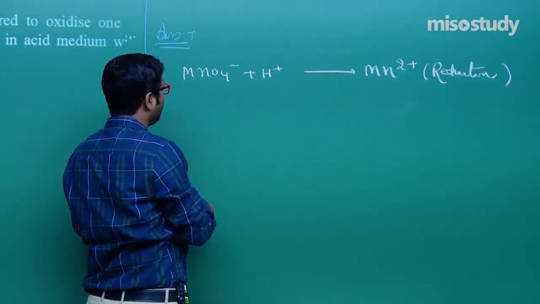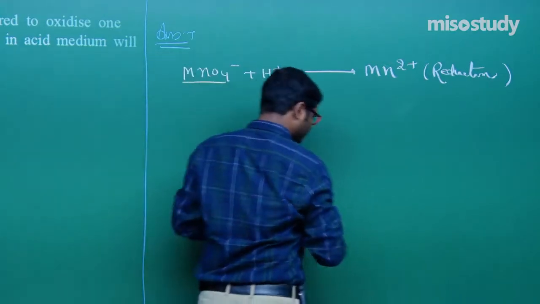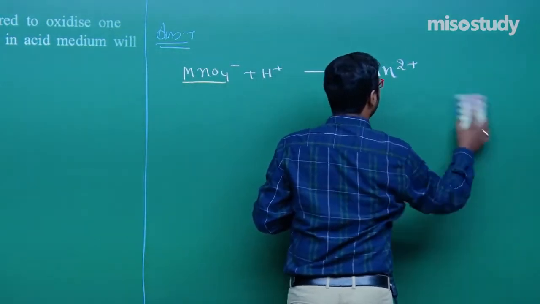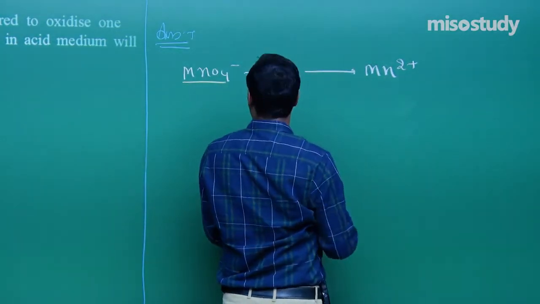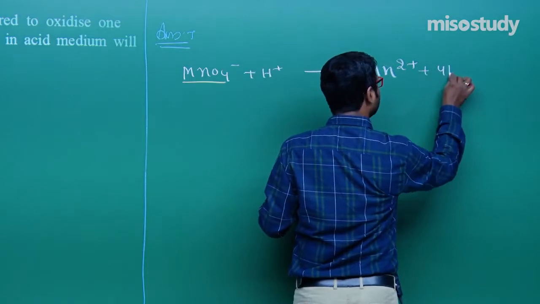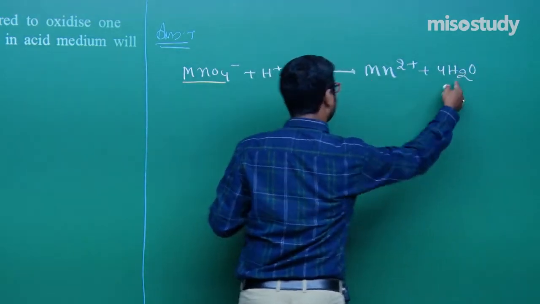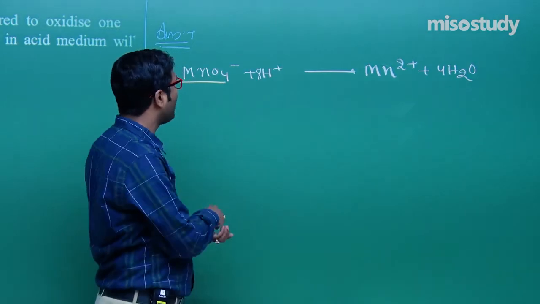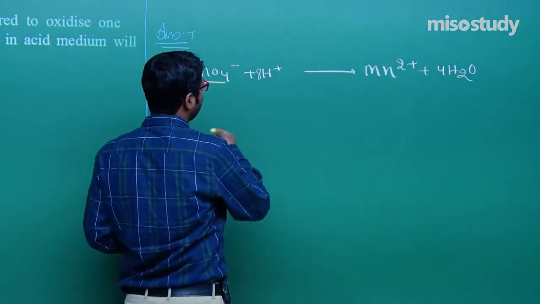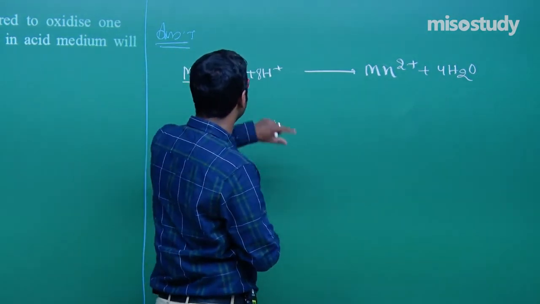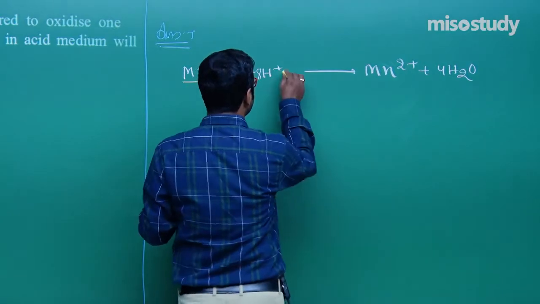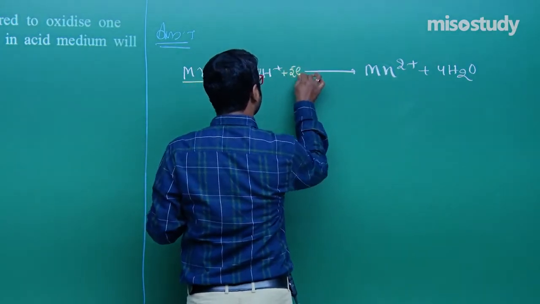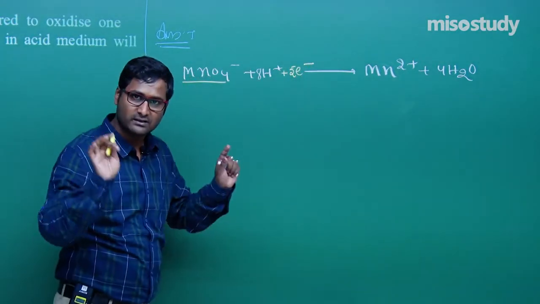Now balance. 4 oxygen here, so put here, wait for a moment, 4H2O. Clear to you? Now put here 8H plus. Clear friend? Now how to balance the charge? This is the reduction, so to balance, put here 5 electrons. This is the first half.